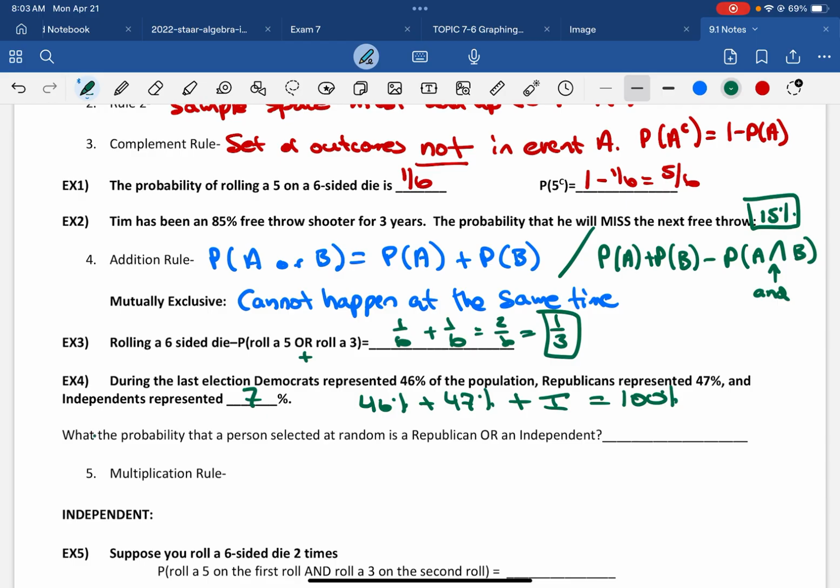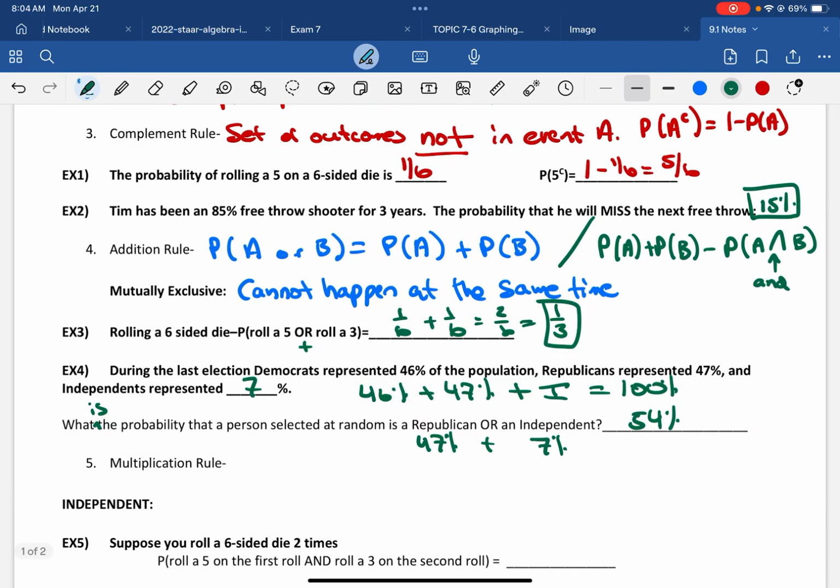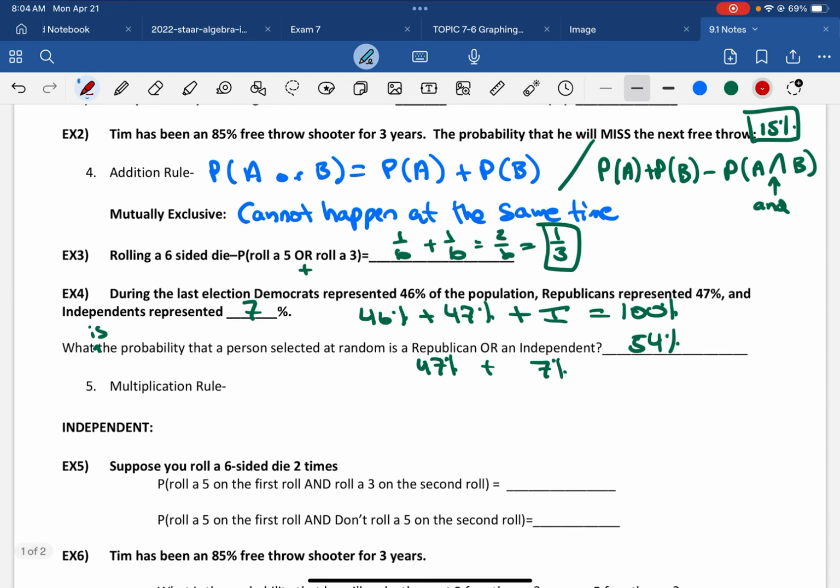What is the probability that a person selected at random is a Republican or an independent? 47% Republican, or means add, 7% independent. They are mutually exclusive, meaning they cannot happen at the same time, so 54%. Okay, that was the addition rule: or means add.